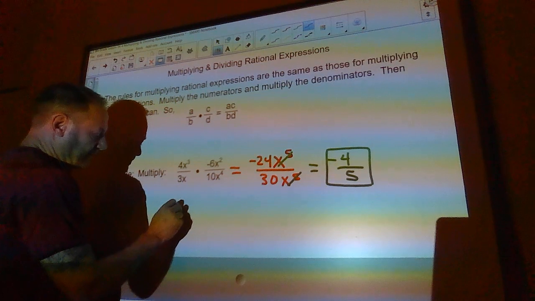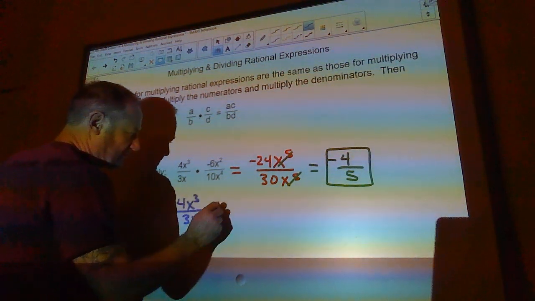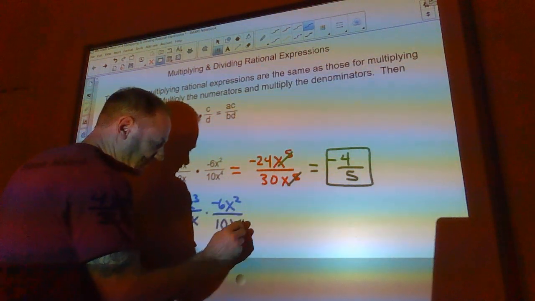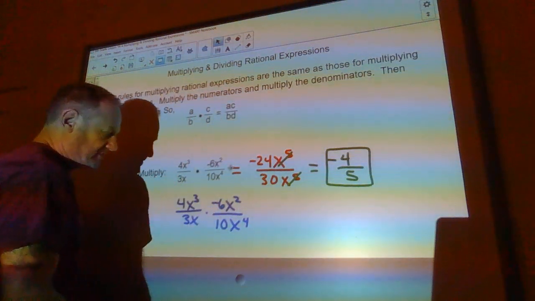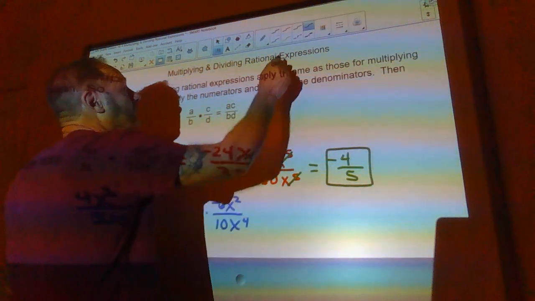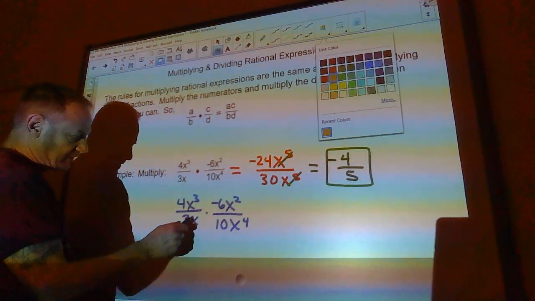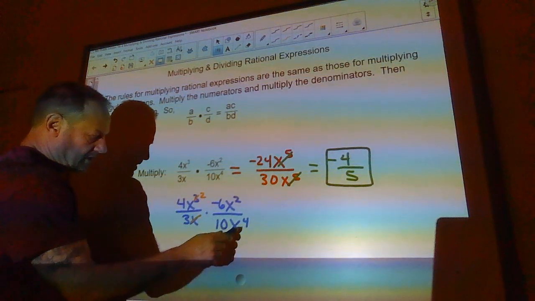I could have done this. And I actually recommend that you do this, especially on the more complicated problems, because it's just simpler to multiply them that way. So I've got an x here that'll cancel one of those x's up there. So that's x squared.